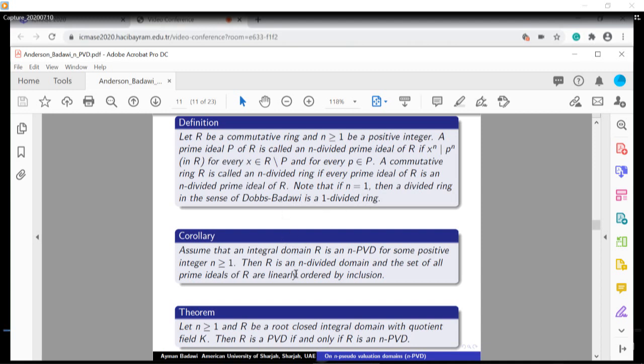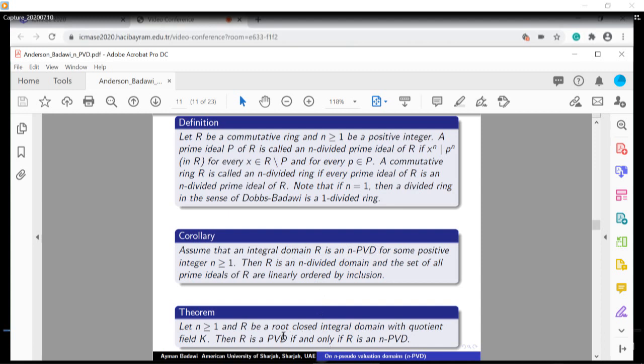It turns out that every n-pseudo-valuation domain is an n-divided domain. That's a nice result. If you let n equal 1, then what we have is a pseudo-valuation domain, and we already know that a pseudo-valuation domain is a divided domain. So this result is still true: for n-pseudo-valuation, R is n-divided.